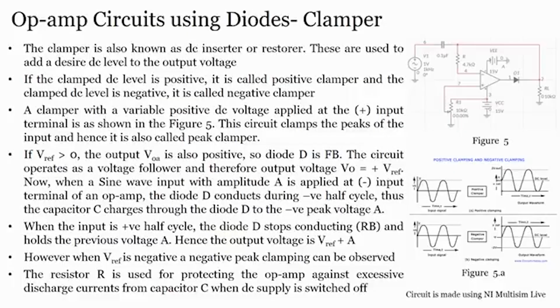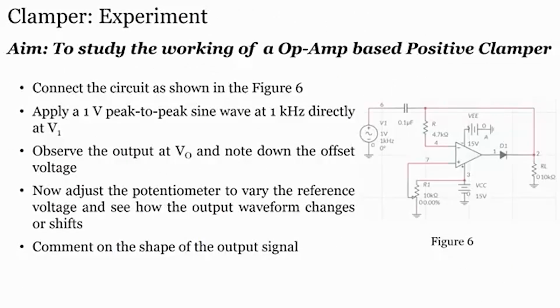But before we use Multisim, let us first understand what is the experiment. The experiment is how we can understand or study the working of an operational amplifier based positive clamper.